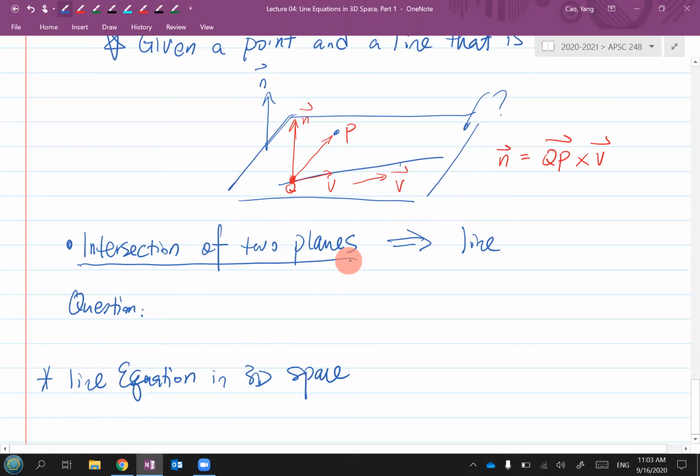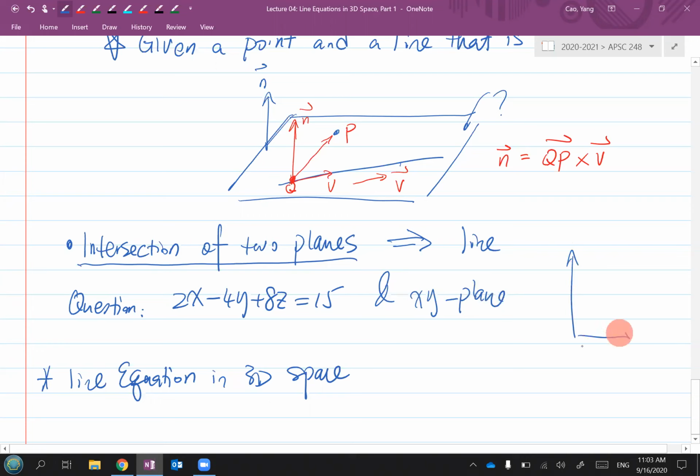So we'll look at a very extreme case here. Suppose I have a plane of this, and I have another plane, XY. The XY plane basically means, in the Cartesian coordinates, the bottom XY here is the plane.